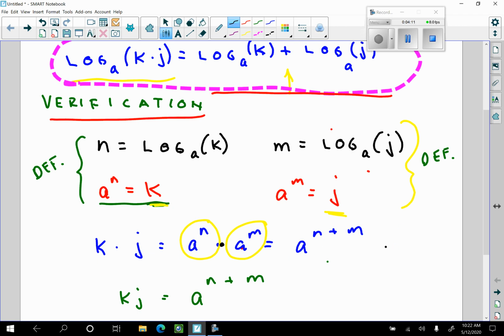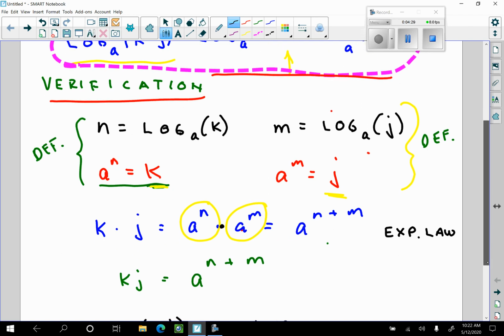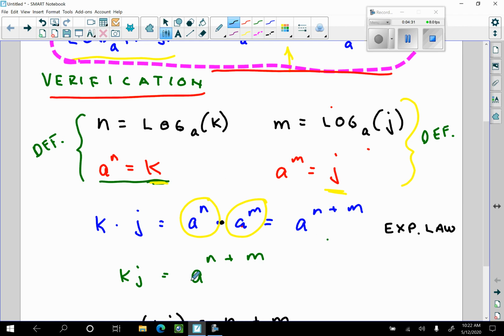This is the exponent law, what we did last unit on exponents. If I have a to the n times a to the m, that's a to the n plus m. Like bases, add the exponents. So that tells me that k times j is equal to a to the n plus m.